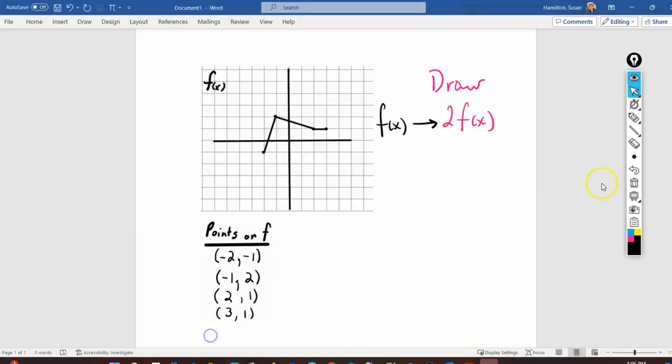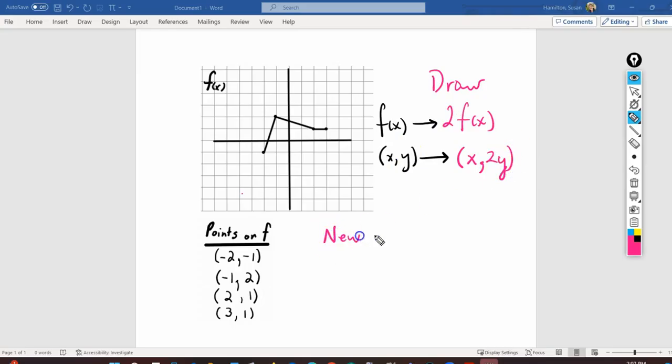So I'm going to come back here, and according to my chart, if I have a point on f, it's going to be transformed into a new point. The x coordinate will be the same, but I'll get a new y coordinate, and it's going to be the old y coordinate times the number out the front.